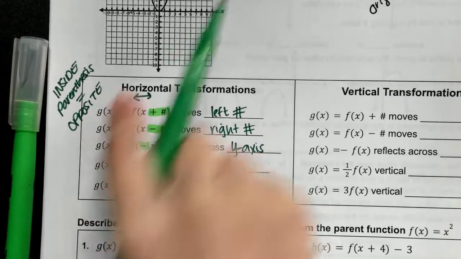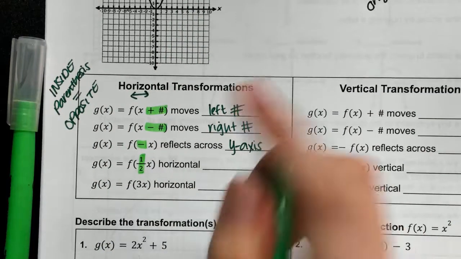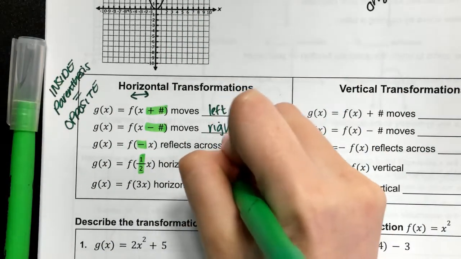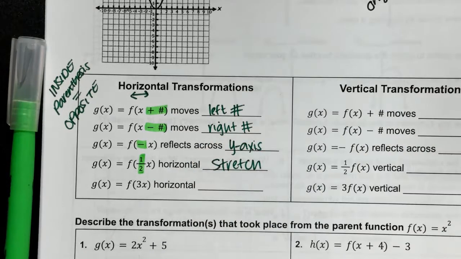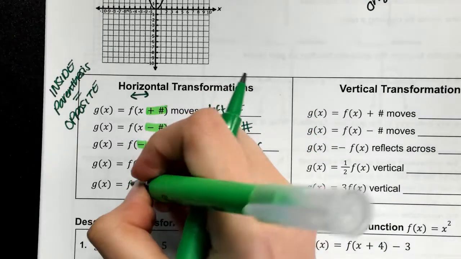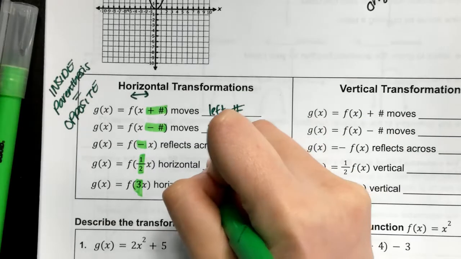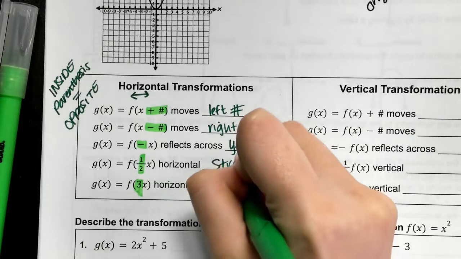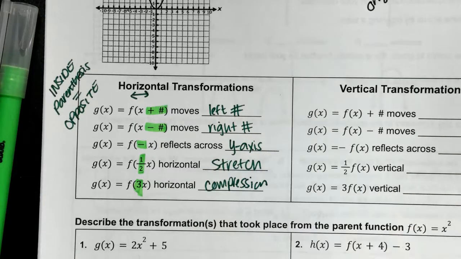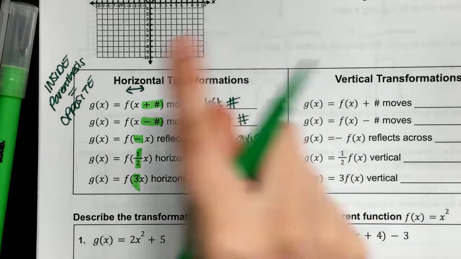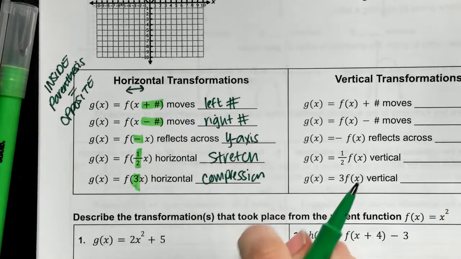But remember, we're opposite. So instead of a horizontal compression, we have a horizontal stretch. And similarly, usually you think whole numbers make things bigger, but since it's opposite, this is a horizontal compression. So these are all your possible horizontal transformations.